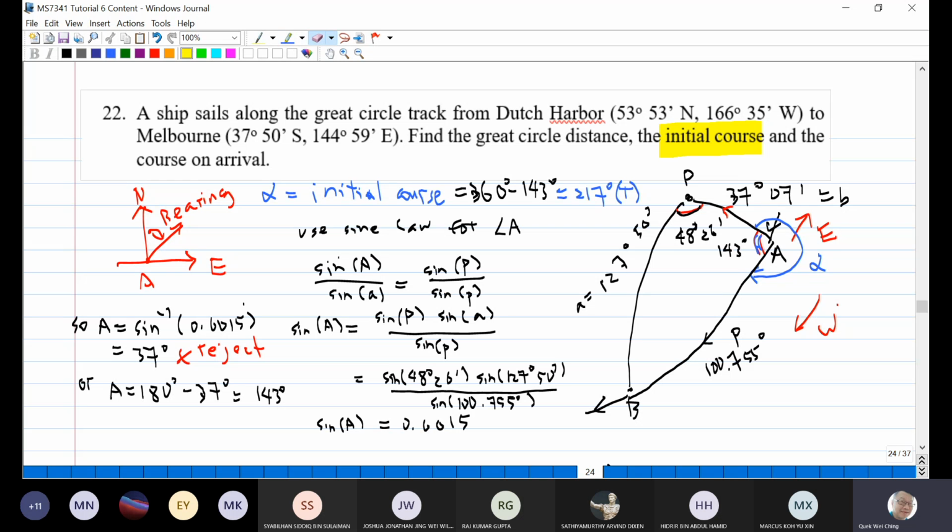How do you see the answer here? I have this 143 here, minus 143, okay, 217 degrees true bearing. So let me WhatsApp this to you better, so you can see the picture.